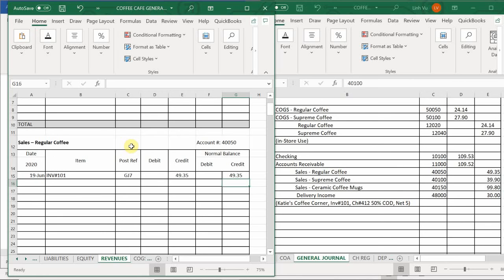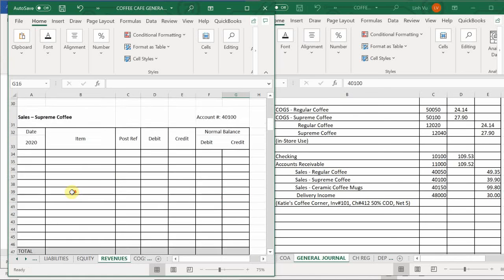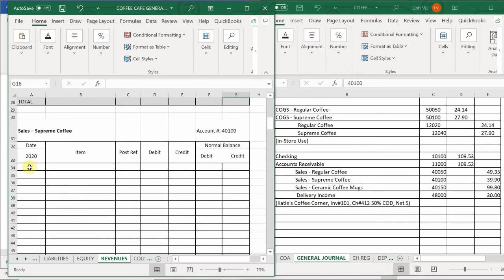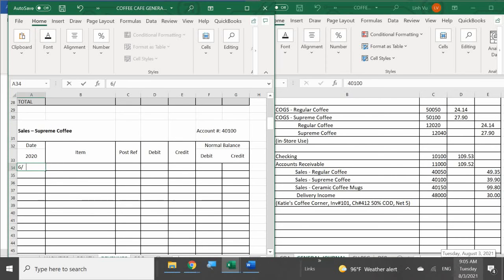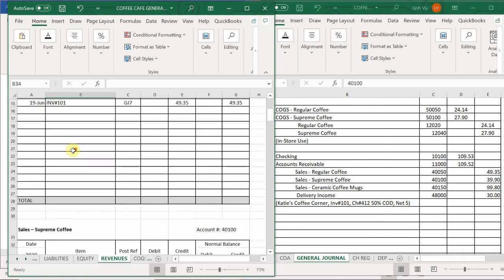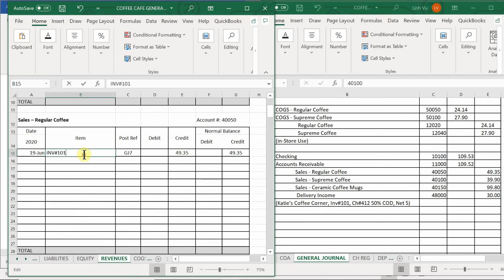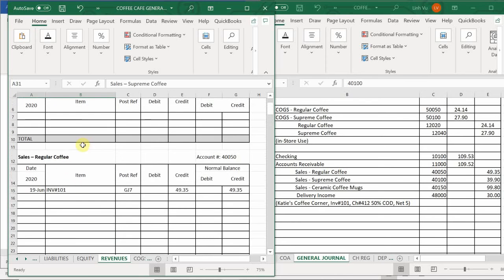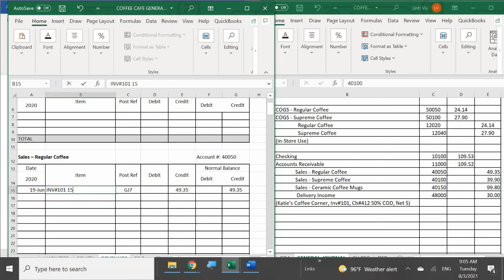Okay. So now that we're done with the regular coffee, now we got to go down to our sales for Supreme Coffee. Okay, so I guess, yeah, you're right. Invoice number 101. And we're going to put in 15 pounds.